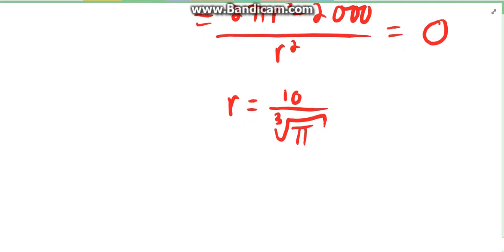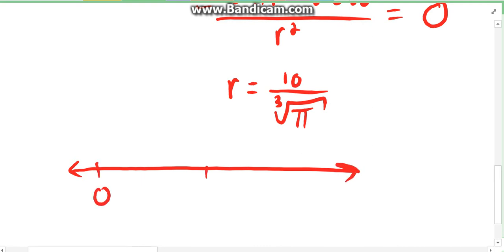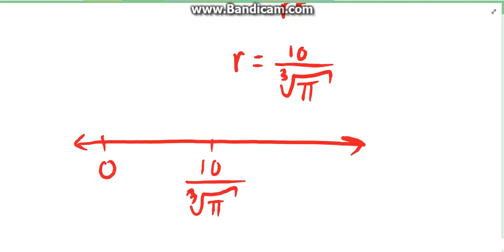And then we're going to make our little number line to show that that's a minimum. The smallest r can be is 0. The critical value is 10 over the cube root of pi, which I don't know what that is, but that's fine. And there is no maximum on r. Then we test these intervals.